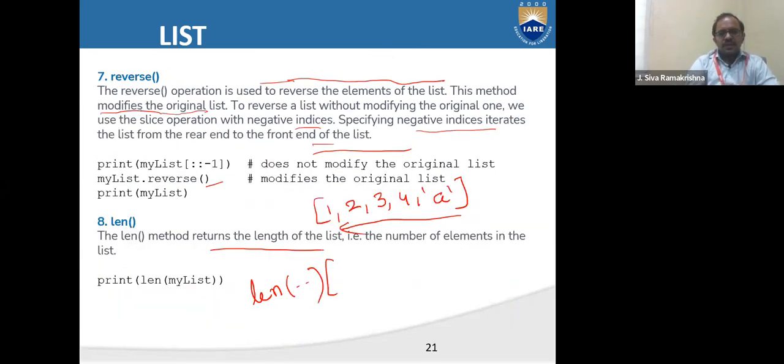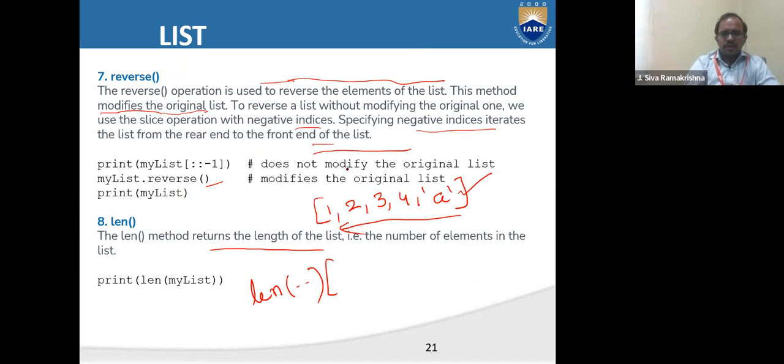And then we have seen another method called reverse. We want to reverse the elements present in the list. This is the original list having the elements 1, 2, 3, 4, A. If you perform the reverse operation, you are going to call the function directly, right?